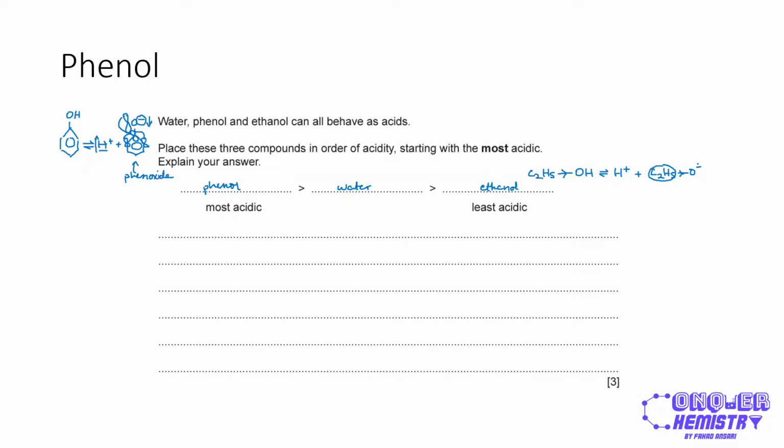So this negative charge goes up, and so the hydrogen ions are more attracted to this ethoxide ion. Because of this greater attraction, the equilibrium shifts to the left-hand side towards the undissociated ethanol molecules, and the concentration of H plus is low, so that means low acidity.